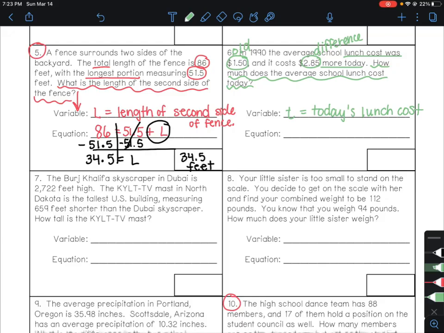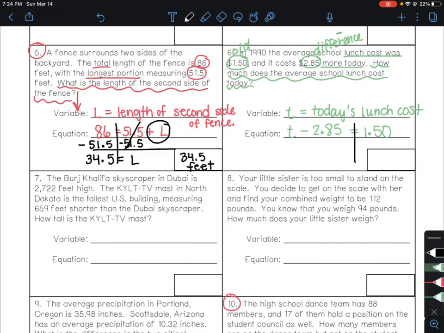If we start with our variable T, that's $2.85 more than what it used to be, meaning the difference between today's cost and the old cost in 1990 was $2.85. I used subtraction. So it's saying that it costs more, indicating a difference, which is a subtraction problem.